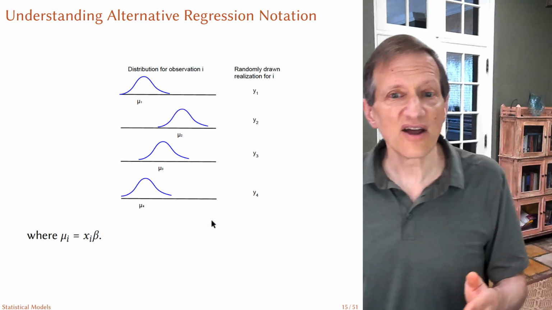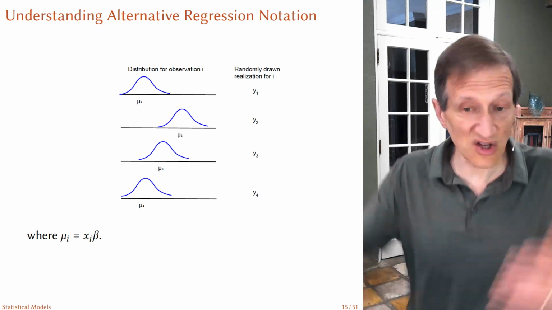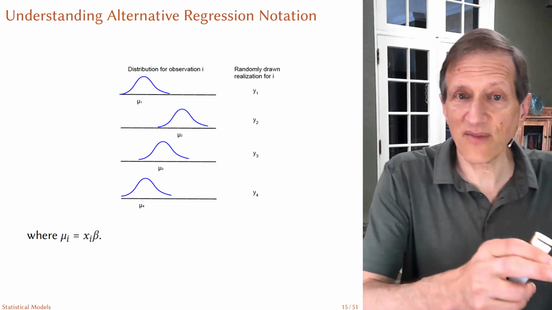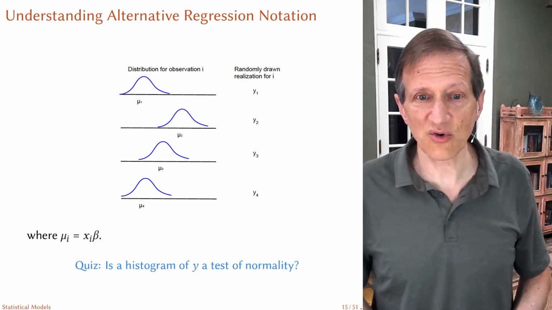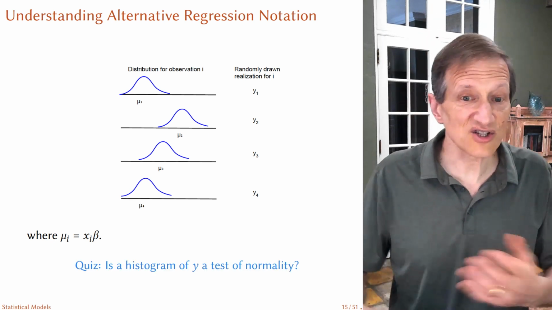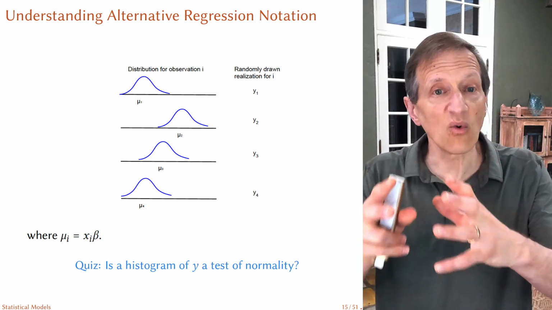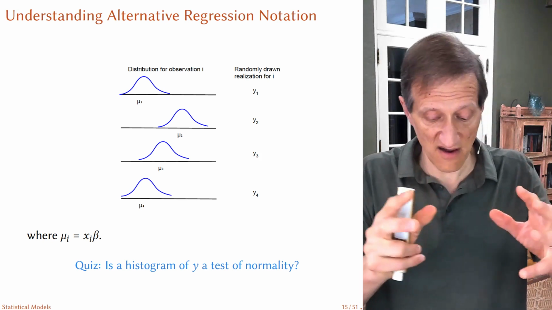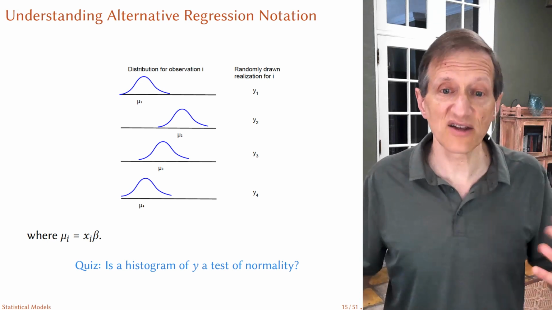Okay, now to convince yourself that you understand this alternative notation, to convince yourself that this alternative notation is the same as the previous notation, I want you to answer this question. Okay, so here's just a little quiz. Is a histogram of y, your outcome variable in a regression, a good test of the normality of your data?